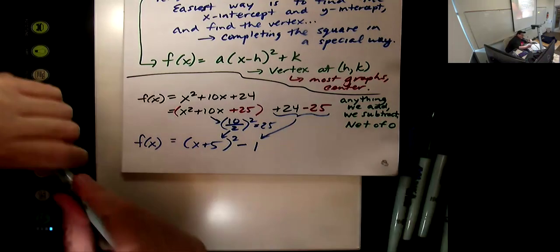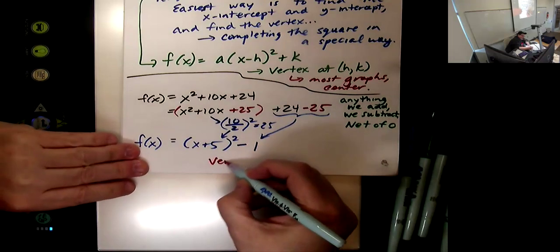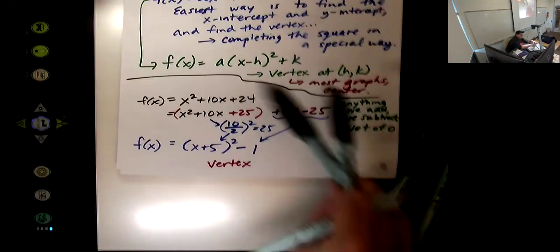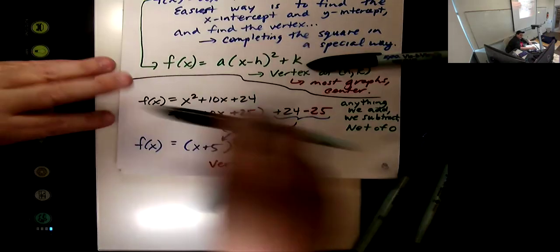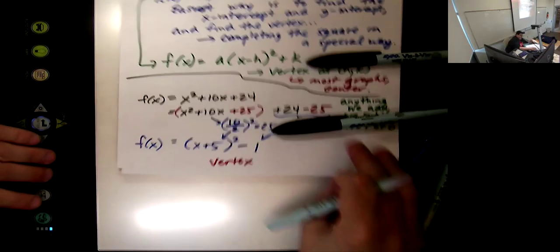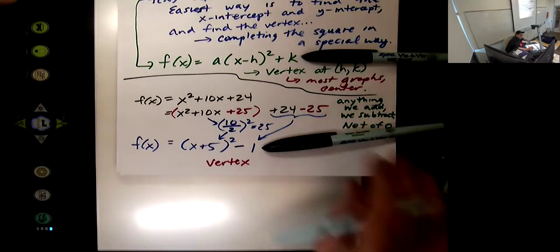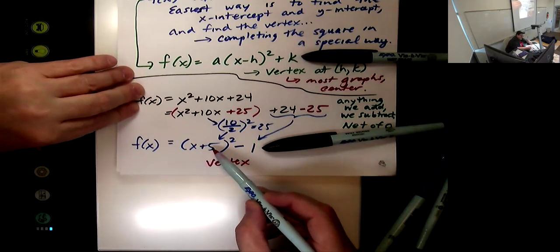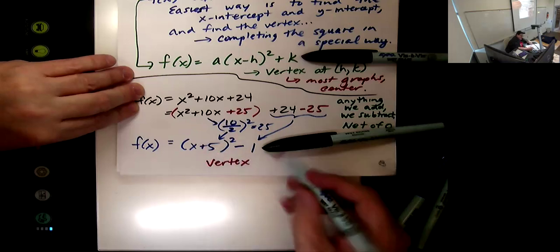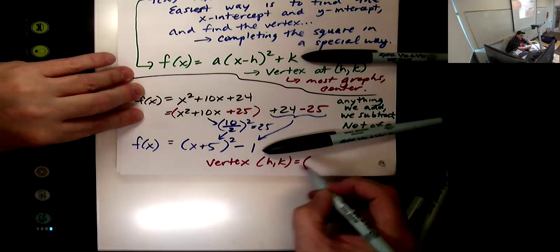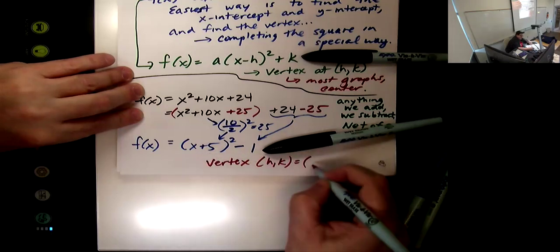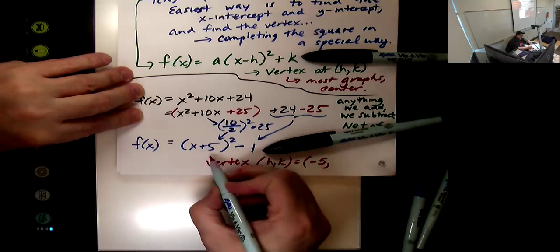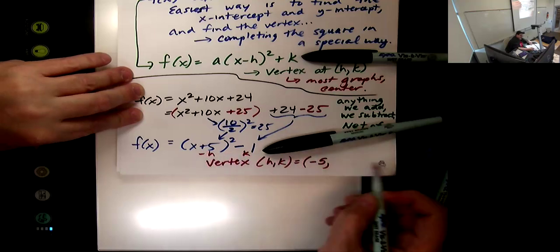If we want to pull the vertex out of it, if I look at these two lines right here, this says minus h, here this says plus. So we're going to do the opposite. We're trying to get (h, k). But h here is the opposite sign of the number on the inside, so it's going to be -5. And k is on the outside, so that's like minus h here, and this is k. k is -1.